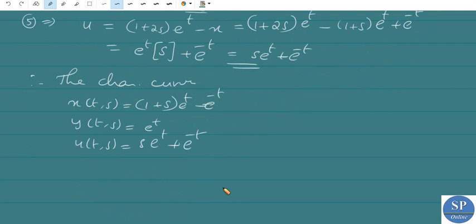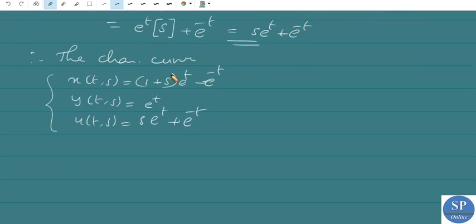Okay, so to obtain the solution in explicit form, we need to eliminate t and s. From these equations, x minus y is 1 into e power t minus e power t, so the remaining is s into e power t minus e power minus t, right?